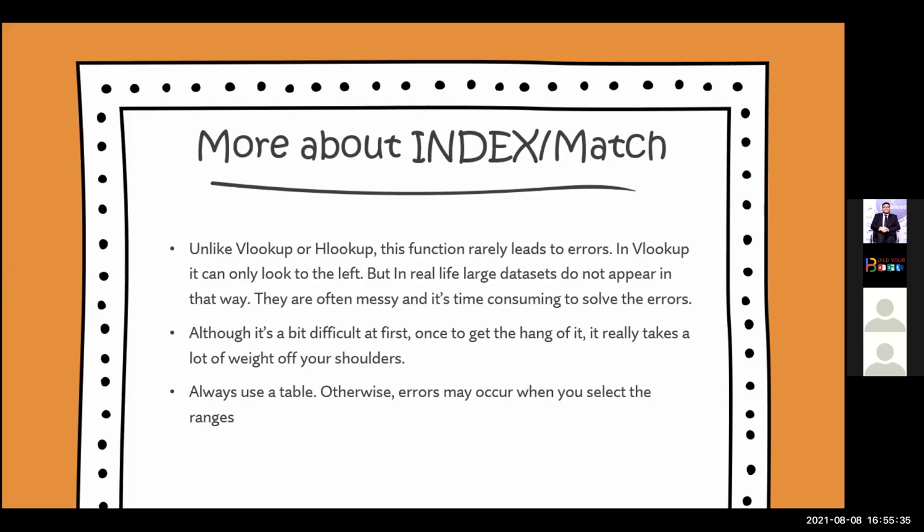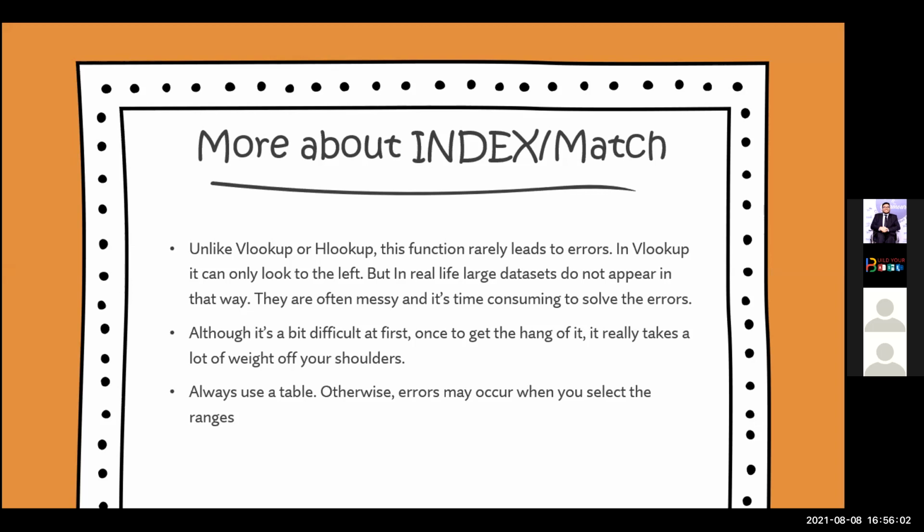If you are talking more about this index and match, unlike VLOOKUP and HLOOKUP, this function rarely leads to errors. And in VLOOKUP, it can only look to the left, which means if we put a formula in column B, it can only look in column A, which is left of column B. It can't look for that value in column C.